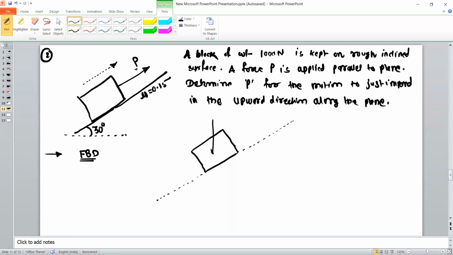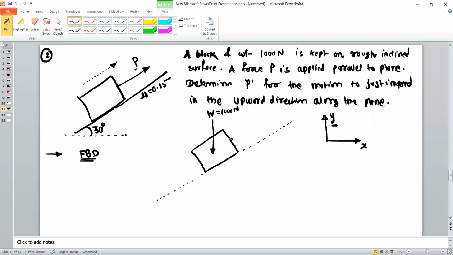So this is the weight, exactly acting in the y direction. Here this is the y direction and this is the x direction. You can draw this x and y just as a reference. So this vector, that is the weight, which is equal to 1000 Newton, is acting parallel to the y direction.